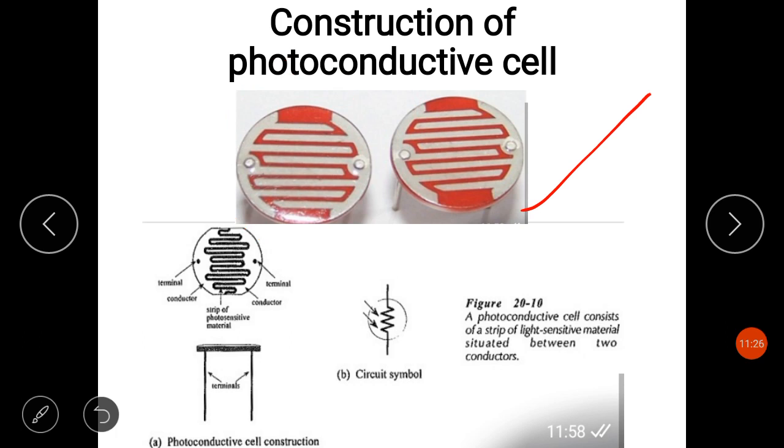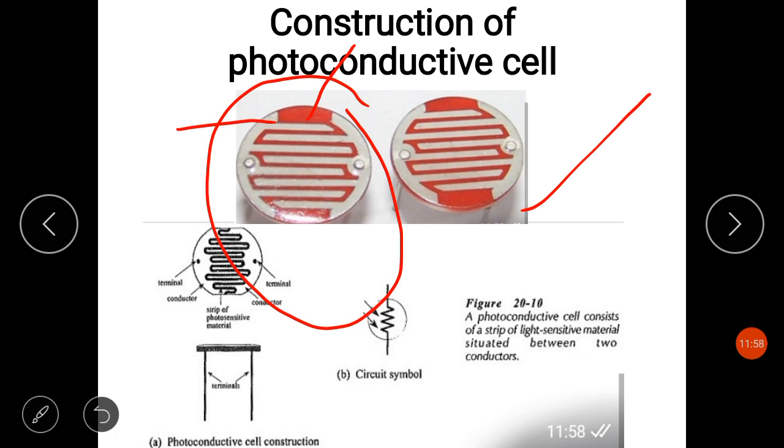So photoconductive cells are made by chemically sintering the powder of cadmium sulfide or cadmium selenide, these types of semiconductor materials, into tablets of required shape. The electrodes are deposited on this tablet surface. You can see this red part is the photoconductive semiconductor material like cadmium sulfide or cadmium selenide, whereas this gray part is the electrodes.